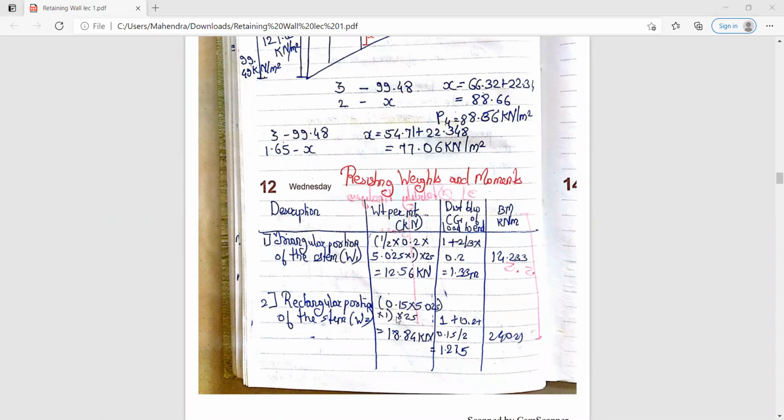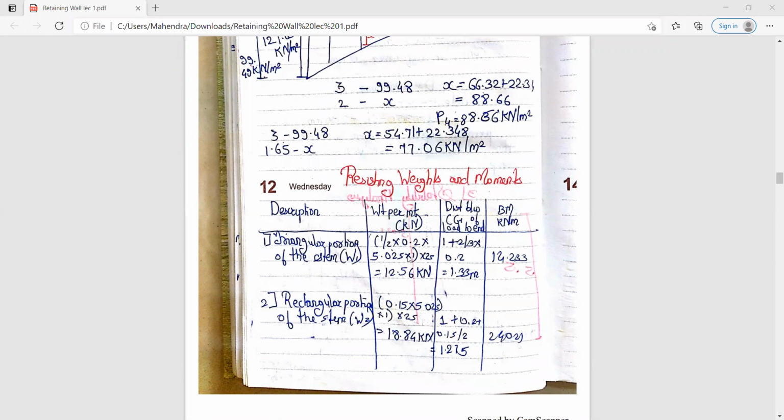Weight per meter is into 1 into density, 25. The total weight is 18.84 kilonewton. The distance from the CG is 1 plus 0.2 plus 0.15 by 2, as it is rectangular, L by 2. So the distance is 1.275. Weight into distance gives the bending moment, 24.021 kilonewton meter.